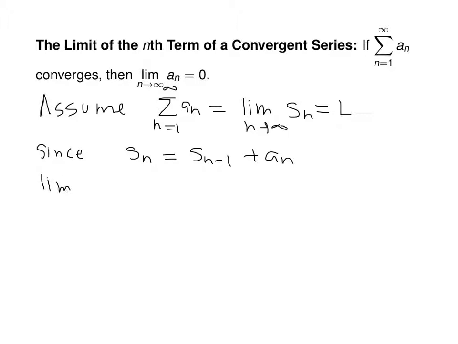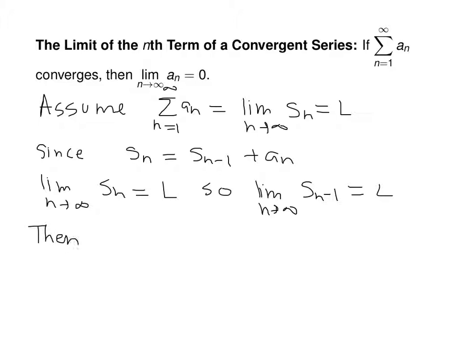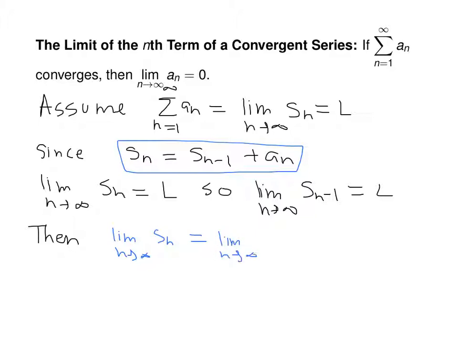And the limit as n goes to infinity of s sub n is equal to L. So the limit as n goes to infinity of the n minus first partial sum also has to be L. And this tells us, if we take the limit of everything in this expression, the limit as n goes to infinity of s sub n has to equal the limit as n goes to infinity of s sub n minus 1 plus the limit as n goes to infinity of a sub n. And this is L, and this is L.